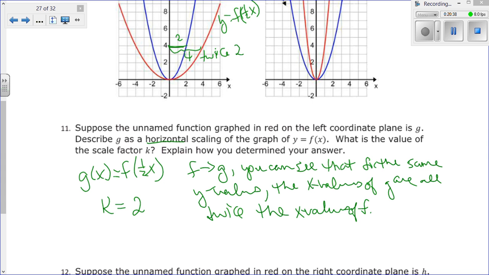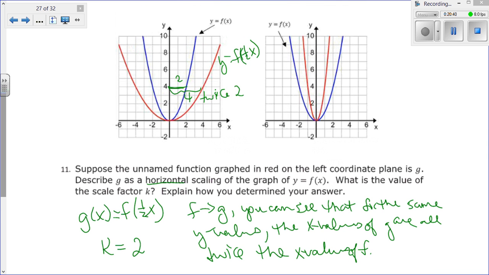So if we go back up to the graph here, my y values are both 4, but my x value for the blue is 2, and my x value for the red is 4. So the x values of the red is twice that of the blue.